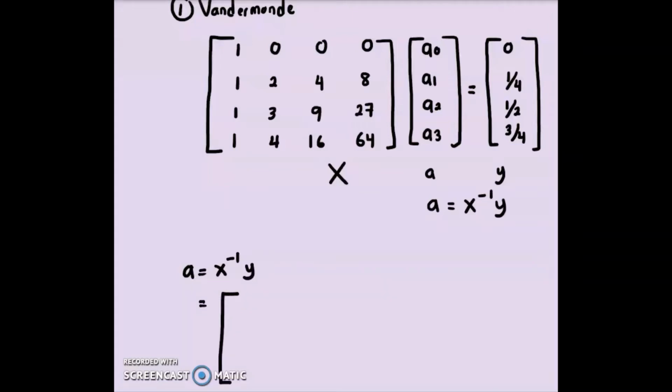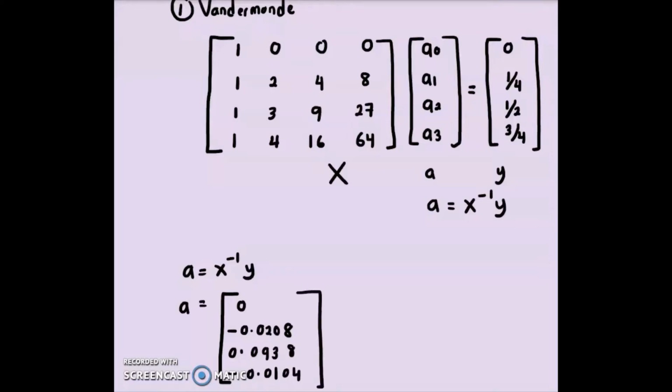If I use my calculator to find the inverse of X and multiply with my Y, my A will be 0, negative 0.0208, 0.0938, negative 0.0104.